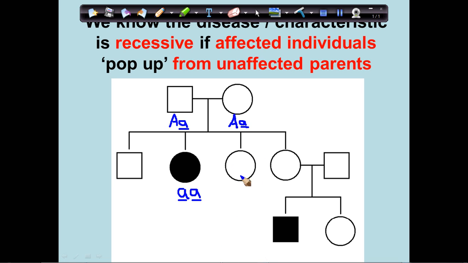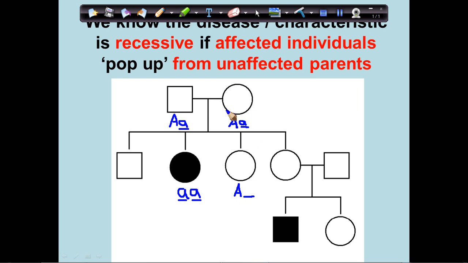Because, for instance, if we look at this child here, they must have at least one big A. We don't know what the other one is, but they must have at least one big A that makes them unaffected. And if they have a big A, they must have got it from one of their parents.